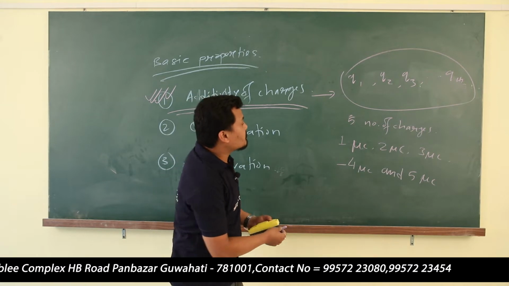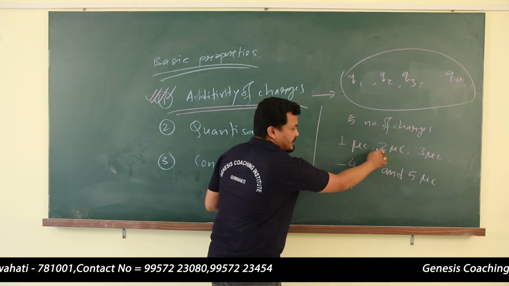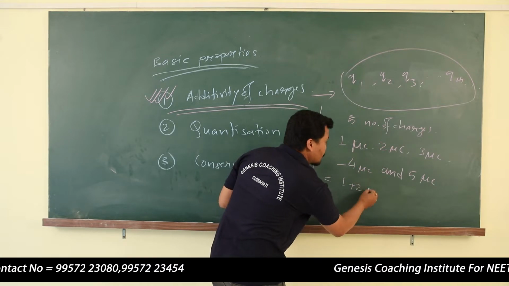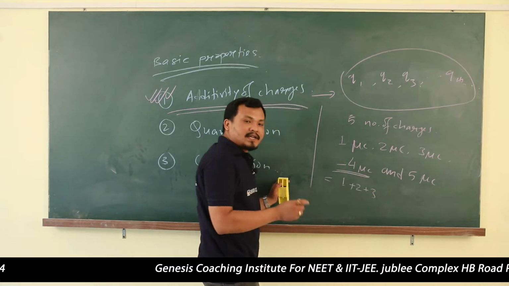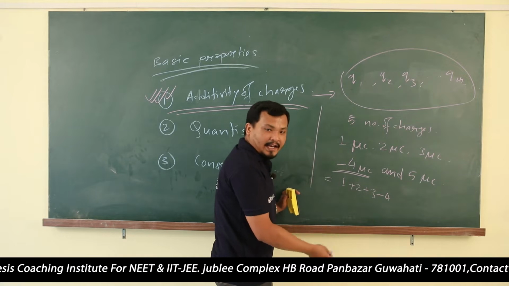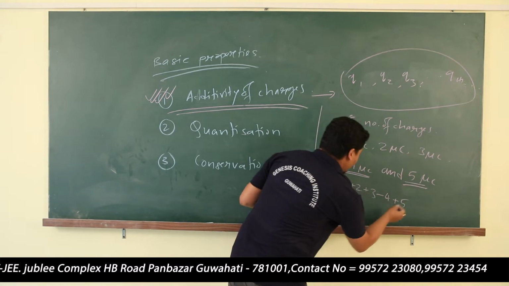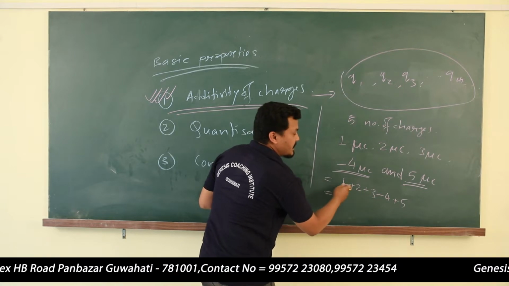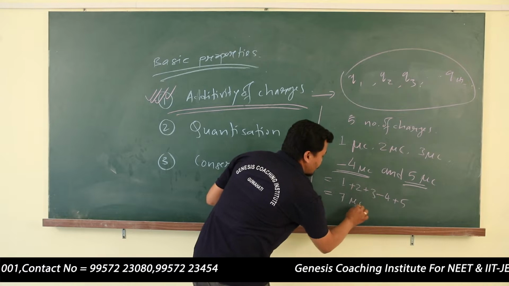Then the total charge of the system is equal to 1 plus 2 plus 3, but 4 microcoulomb is a negative charge, so minus 4, and last one again positive, so plus 5. So total charge equals 5, 6, 11 minus 4, that means 7 microcoulomb.